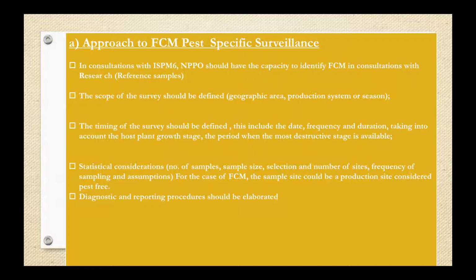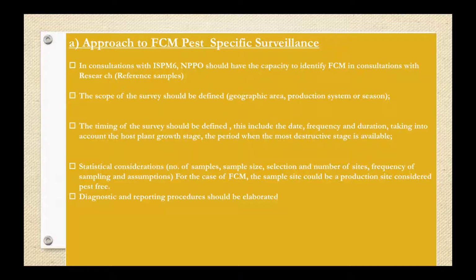When you physically just look at it, there are moth species that are so similar to FCM that you may not be in a position to quickly identify it. So it could make you score wrongly. You can either overscore or underscore.